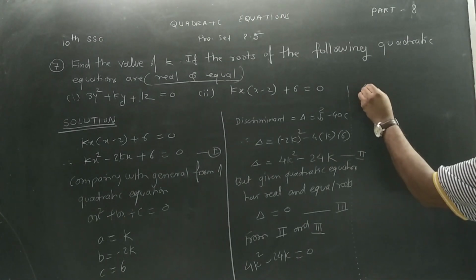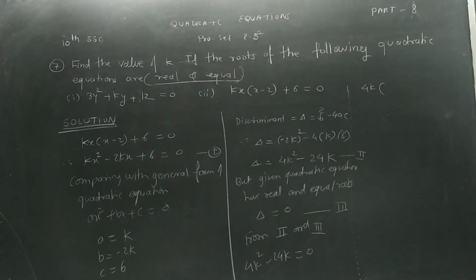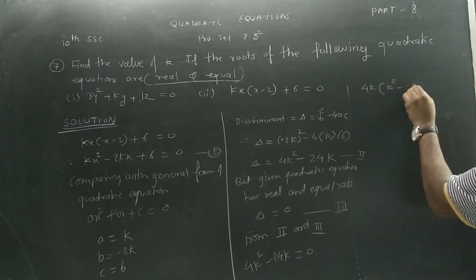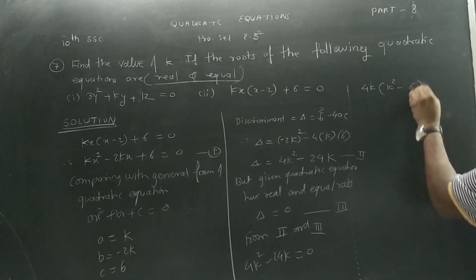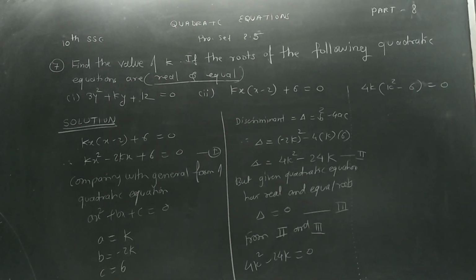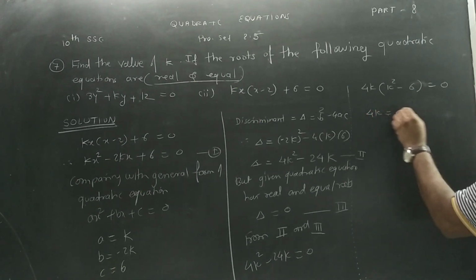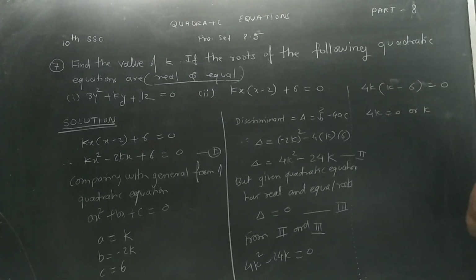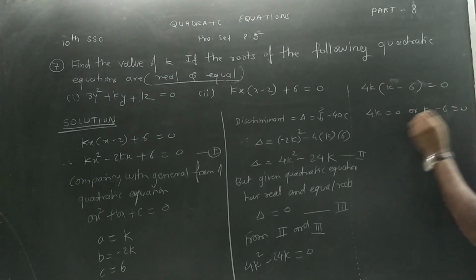Suppose I take 4k common. So, what will be inside? k square minus 24, meaning k minus 6, is equal to 0. So, 4k is equal to 0 or k minus 6 is equal to 0.